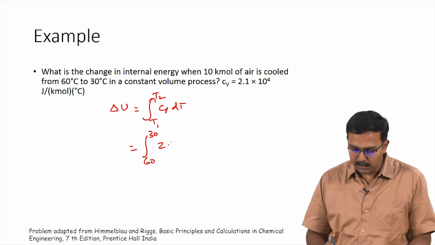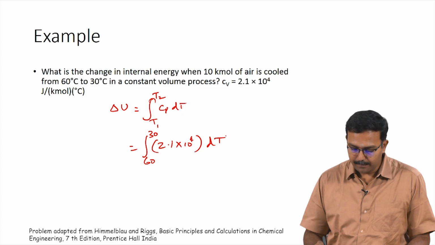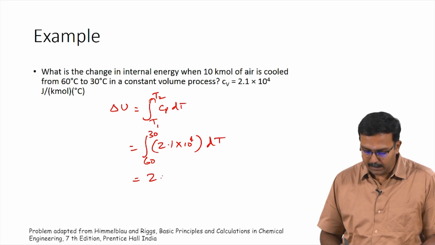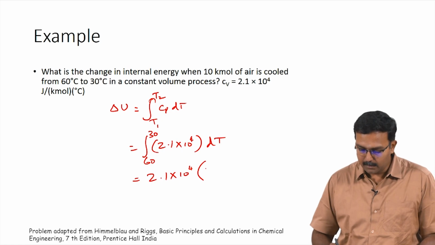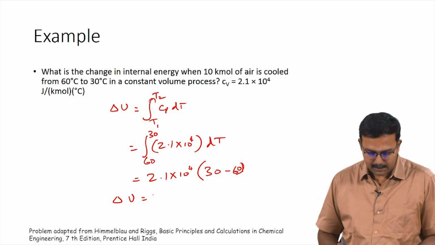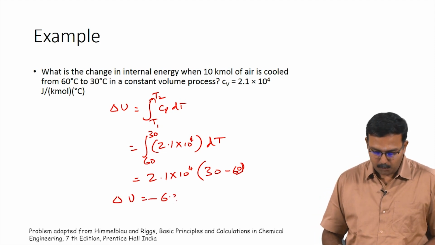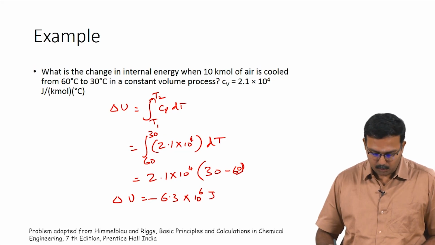Your Cv value is given as 2.1 times 10 power 4. So, this is calculated as 2.1 times 10 power 4 times (30 minus 60), giving you delta U as minus 6.3 times 10 power 6 joules.